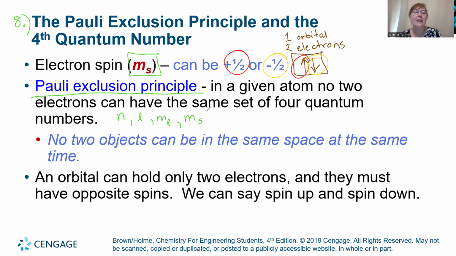Another way of thinking about that is that no 2 objects can be in the same space at the same time. So as we set up here, an orbital can hold 2 electrons, and they must have opposite spins. We say spin up, or +1/2, and spin down, or -1/2, and a down arrow.